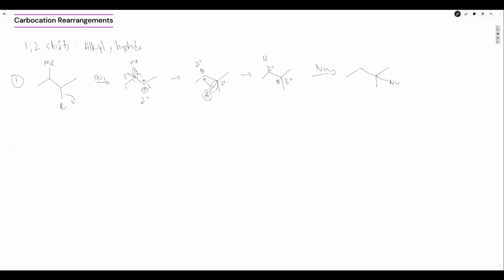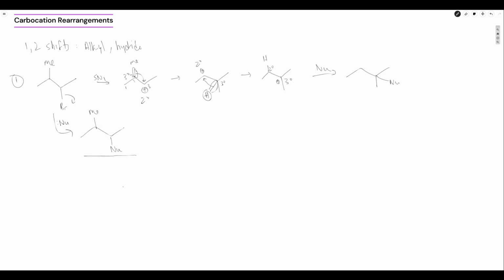right? And of course, the product that you might have expected was this, right? If you just consider a typical SN1 reaction, this is the product you would expect.